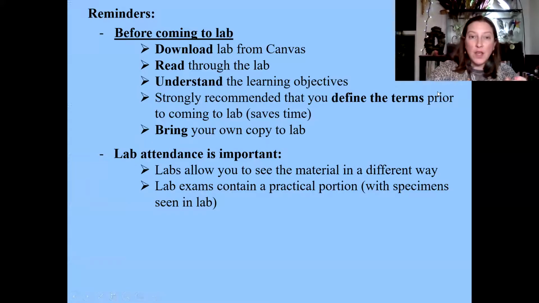Last time, just another reminder, I said this a lot last class, but in case the message didn't get through: make sure that before you go to lab, you are prepared. The lab materials are on Canvas a day or two before you go to lab, Friday even. Download the lab from Canvas, read through the lab, understand what the learning objectives are, and it's strongly recommended that you define the terms before coming to lab.